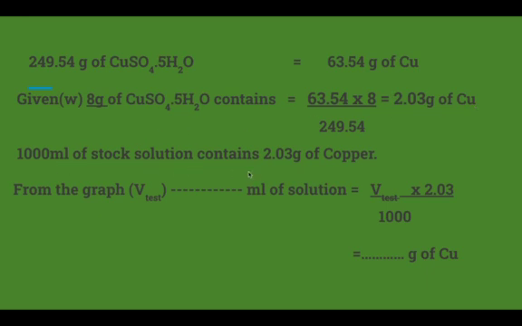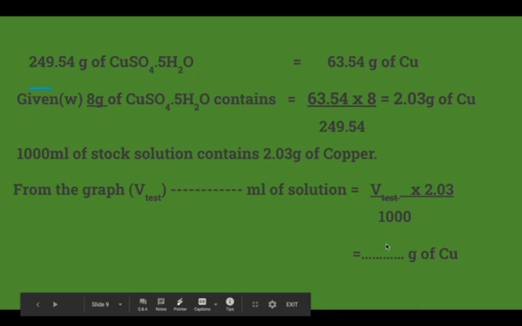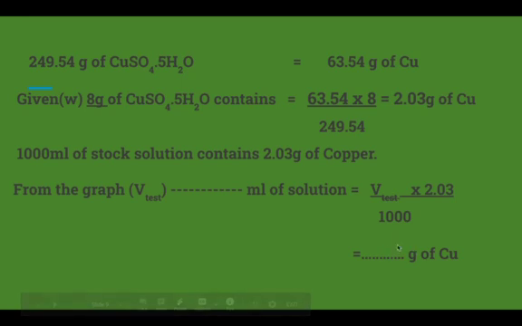So 1000 ml of stock solution contains 2.03 gram of copper. From the graph you get V test, the volume of the test solution. So V test into 2.03 divided by 1000 will give you the amount of copper present in the test sample. Thus you are able to determine the amount of copper in a given sample of copper sulfate. Okay, thank you.